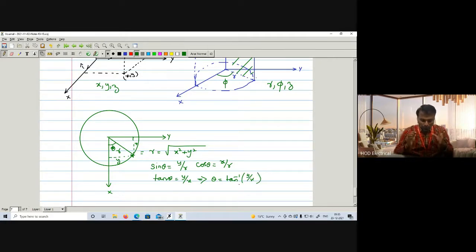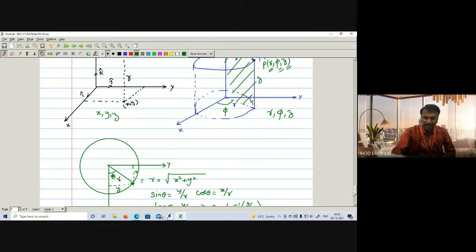When you look at this cylinder in the top view, it will be like a polar coordinate system. Since this is the radius, this angle you can see from the x-axis. See this diagram also, from the x-axis, this angle I have represented here as phi. So you can take this angle as phi. Then radius is r. Then which one is remaining?